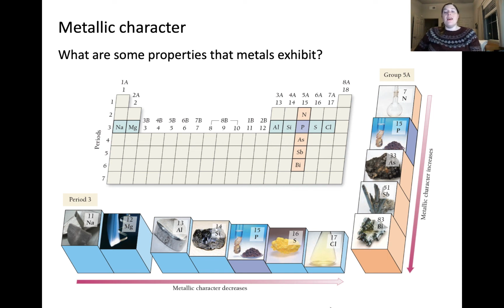So we can see that toward the bottom and on the right-hand side of the periodic table, the at least visual representations of the elements much more closely resemble those of what we would think of when we think of metals.